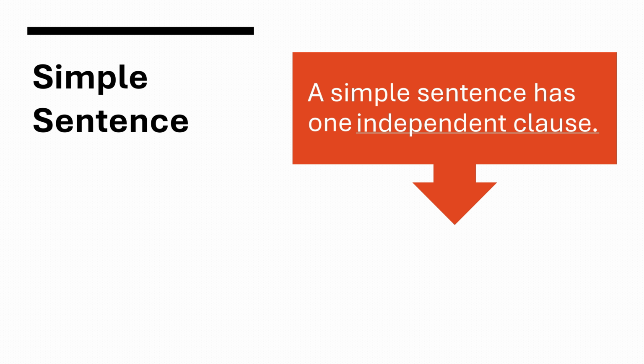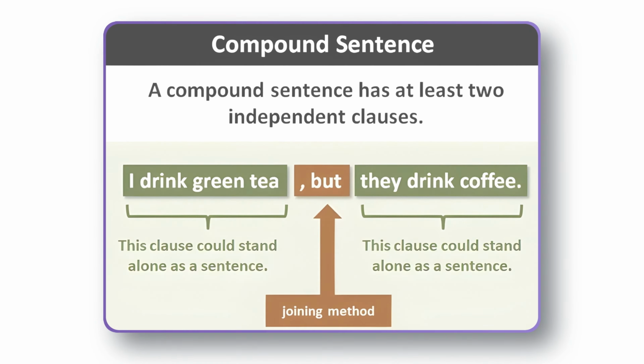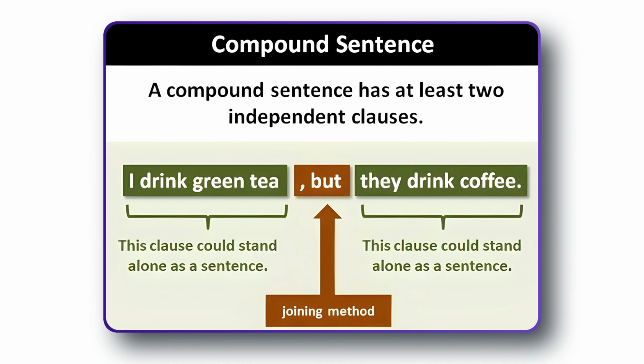You see this word and, you see this but. These are called coordinating conjunctions. They are also called linkers. So when you link two sentences together, this is called a compound sentence. And in your writing, in any professional writing, you must use different structures of sentence. So you can't just use one simple sentence all the time.